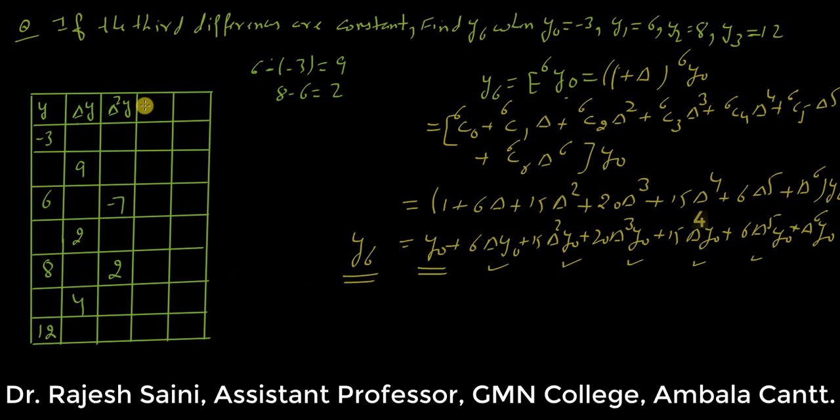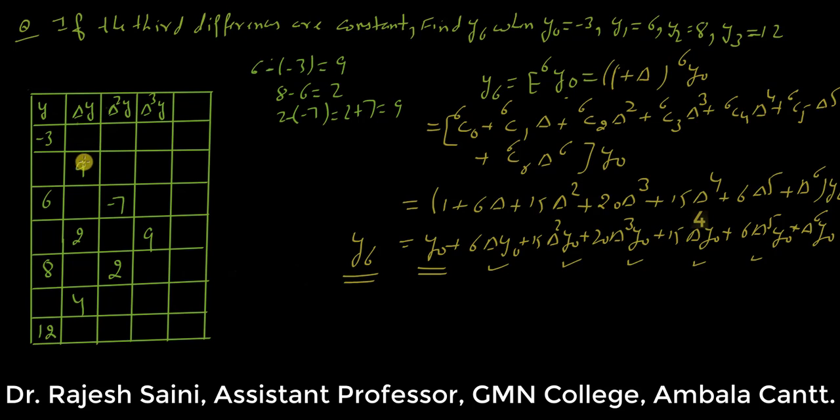Now see, next will be delta cube y0. 2 minus (-7) is 2 plus 7, which is 9. So we don't require the fourth one. The third differences are constant, and we have to determine y6.